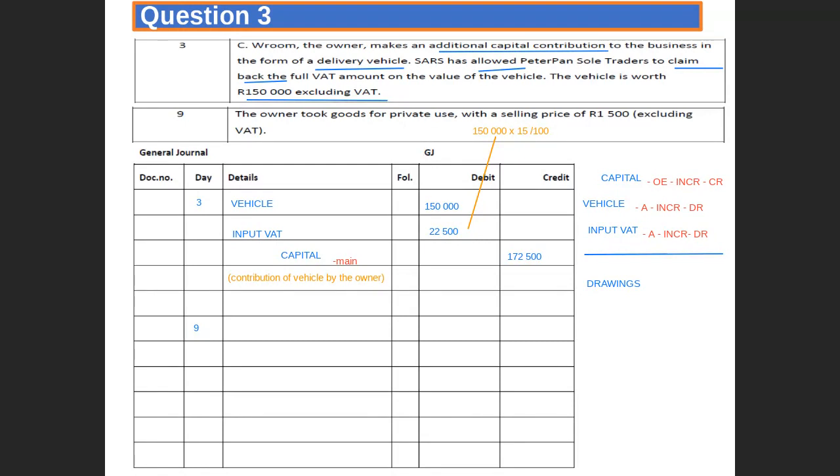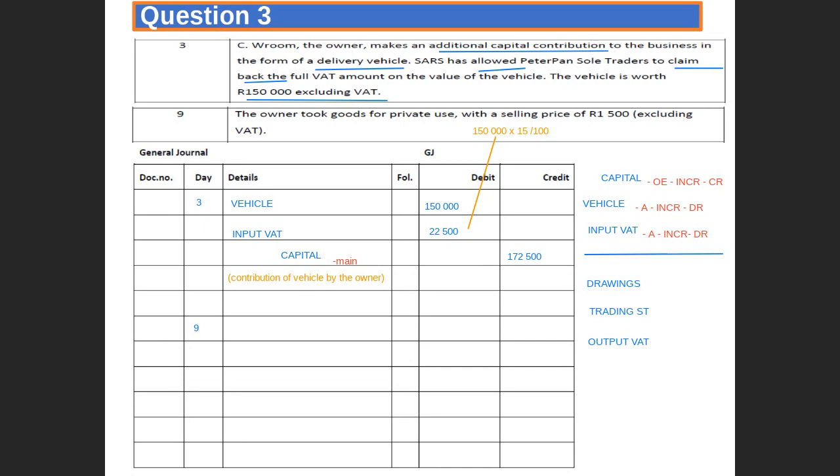Trading stock or trading inventory. Yes, thank you so much for that. I'm gonna just write trading S, guys, because of space. And I'm gonna have output VAT. Yes, output VAT is correct, not input VAT. You're not buying, right? So remember, here is drawings, so it must be like that. Okay, so you need to do that.